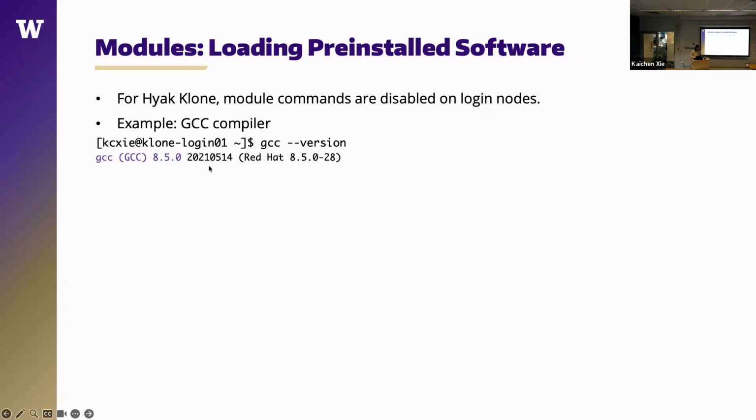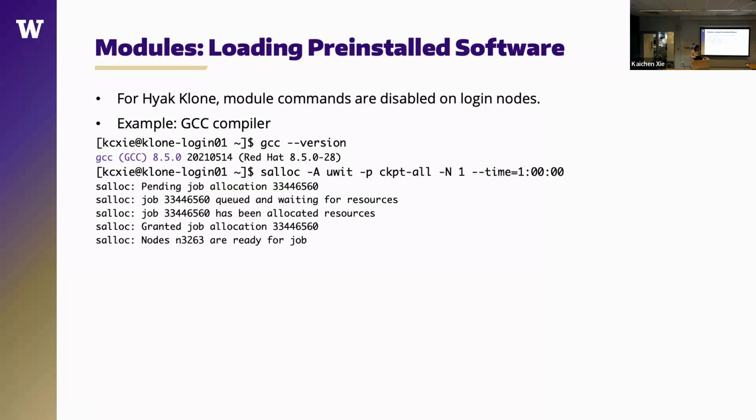So for example, if you want to load a GCC compiler to compile your own packages, then if you run gcc --version, you will see the system GCC that comes with the Linux system. So that's pretty old.